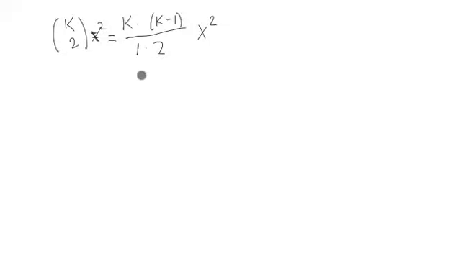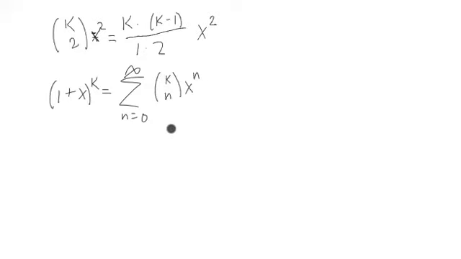Expanding this idea, we have the following. If we take 1 plus x and raise it to the kth power, we end up getting a series from 0 to infinity of k choose n, x to the n, just like that. This is defined similarly to what we did up here.